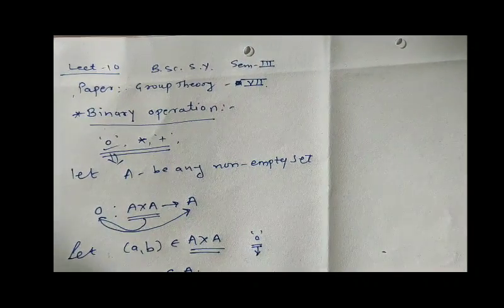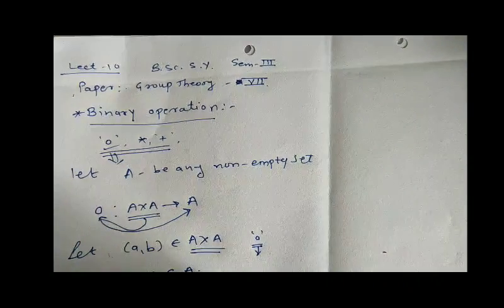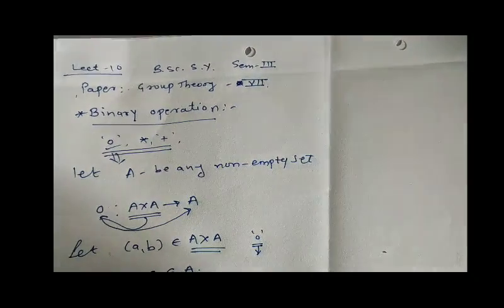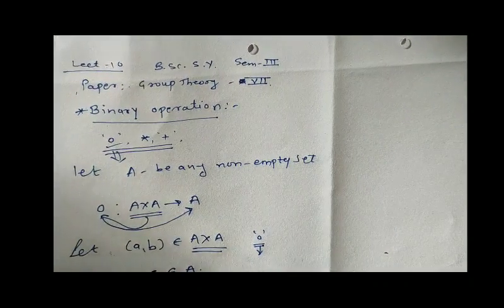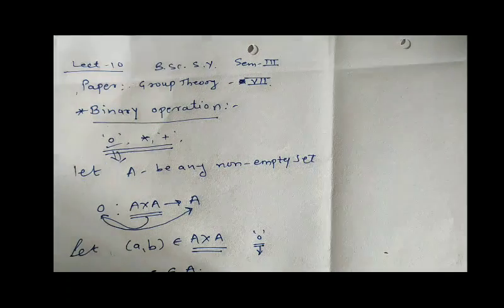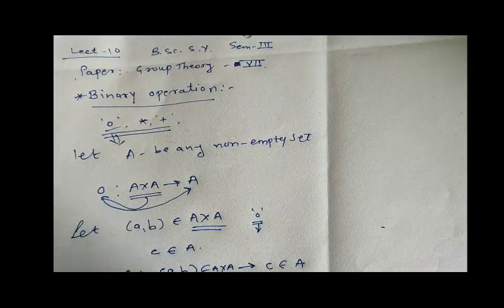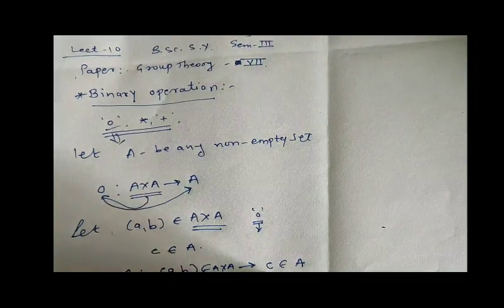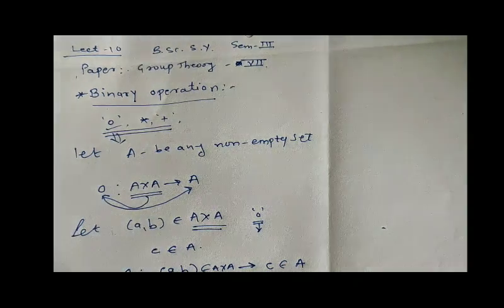So the ordered pair a, b is an element belonging to A cross A, and after applying binary operation we get a new element c belongs to A again. So this element c is the composite operation.